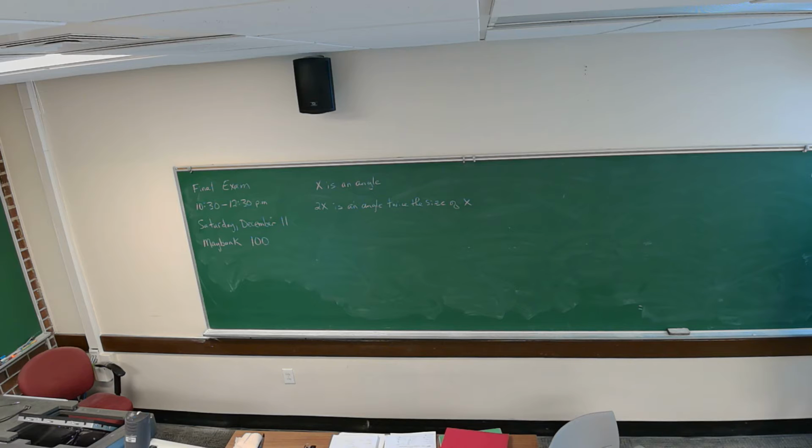So all three of these on the right-hand side will give you the same value of cosine 2x. Okay? There aren't 3 values for cosine 2x. There's only 1, and each of these formulas will give you the same value for cosine 2x. Okay? You use the one that's convenient for you.